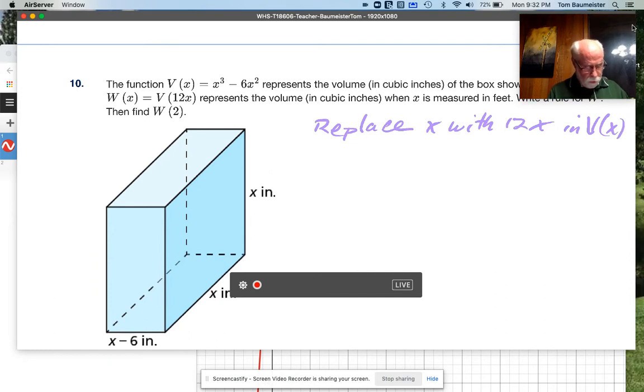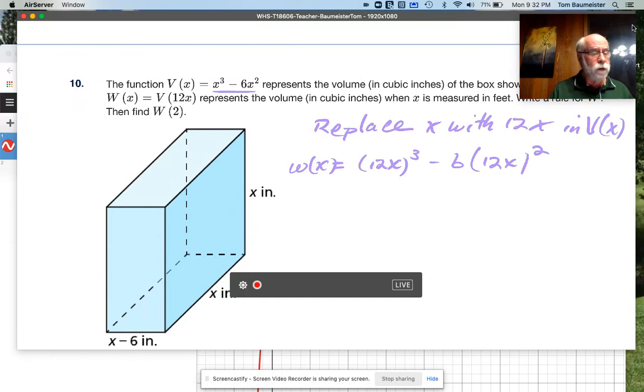So that means we're going to take w of x is equal to, they told us our function is that, so we're going to take 12x, and we're going to be cubing that, minus 6, and again, we're going to take the 12x, and we're going to square it.